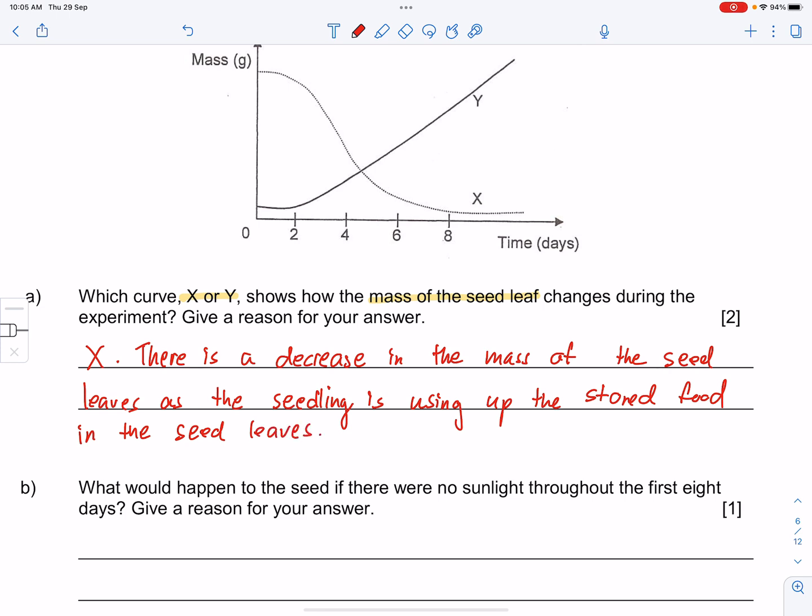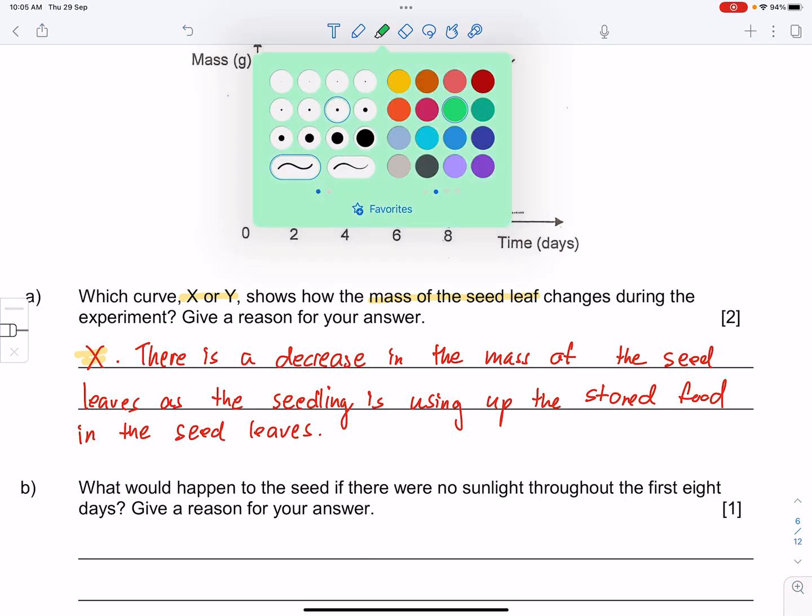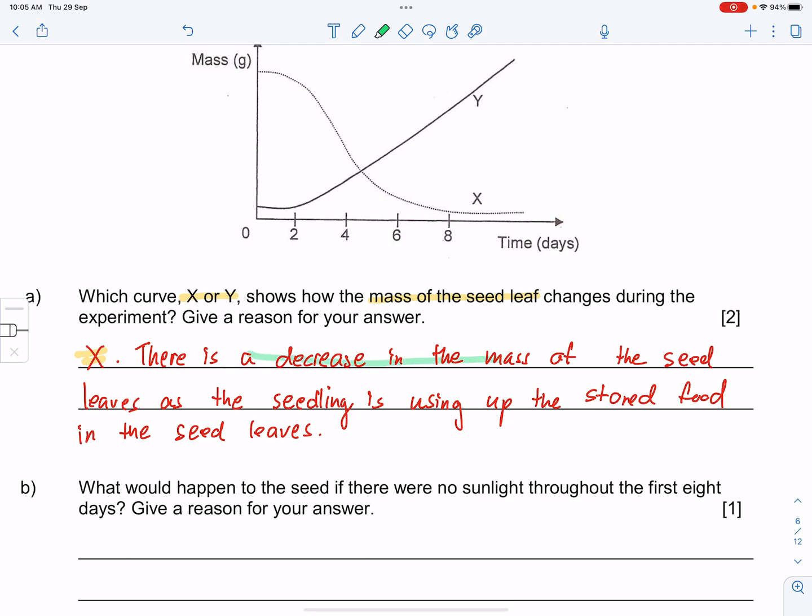So what am I looking for? I'm looking for a few things. Number one, the correct curve. If that is wrong, straight away it's all wrong. I'm looking for a description of what you should observe from the graph, which is a decrease in mass. And then I'm also looking out for the reason why you would see this observation.